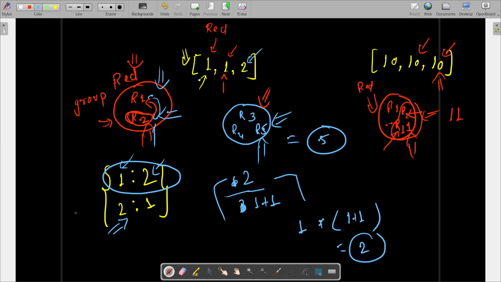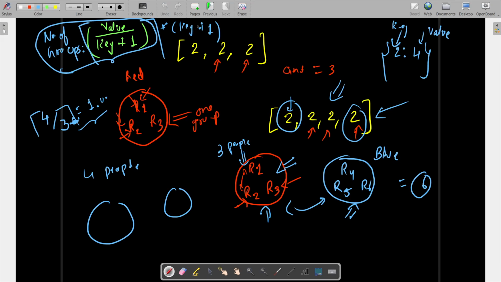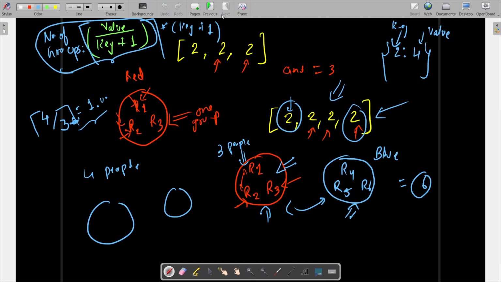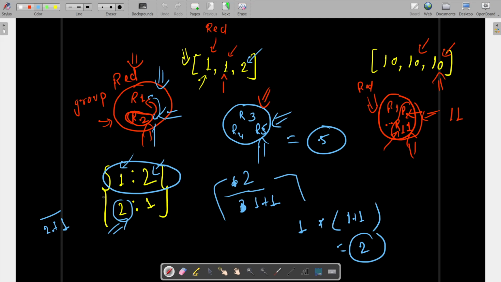So firstly, the denominator: just go back to this formula, key plus 1. Whatever is the key, it's 2, so 2 plus 1 is 3, and the numerator is the value, so value is 1, and we have to take the ceiling function first.